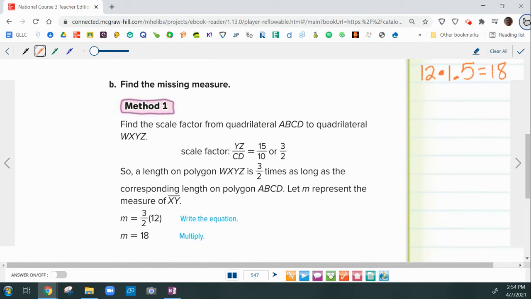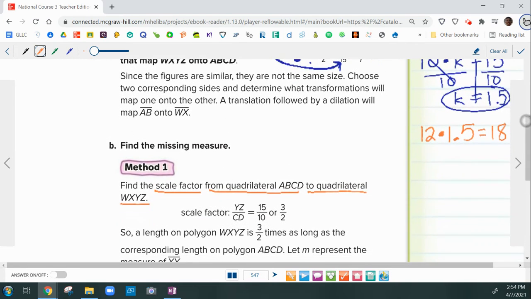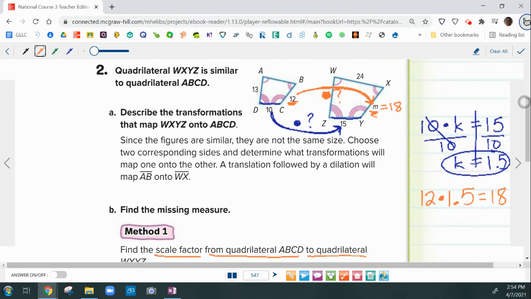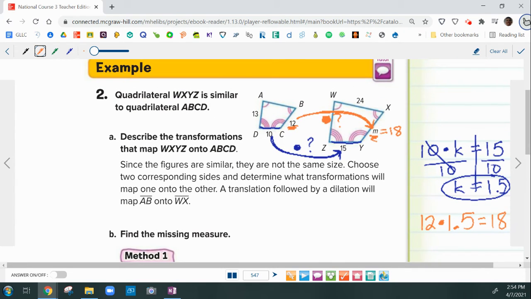Here they have it written in their own way. Okay, find the scale factor. And it's important that you find it in the right order. They say find it from quadrilateral ABCD to quadrilateral WXYZ. Why do they want to do it from the ABCD one to the WXYZ one? Well, because of this first arrow that we drew. We're trying to get from 12 to the M, right? We're starting here and we're moving to this one because of where our unknown is.